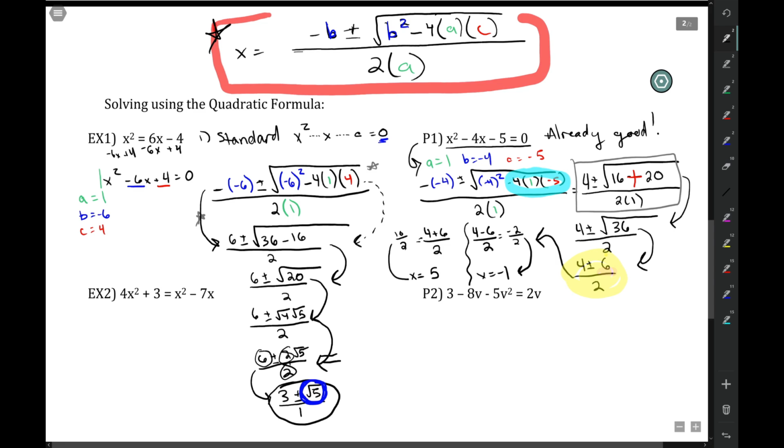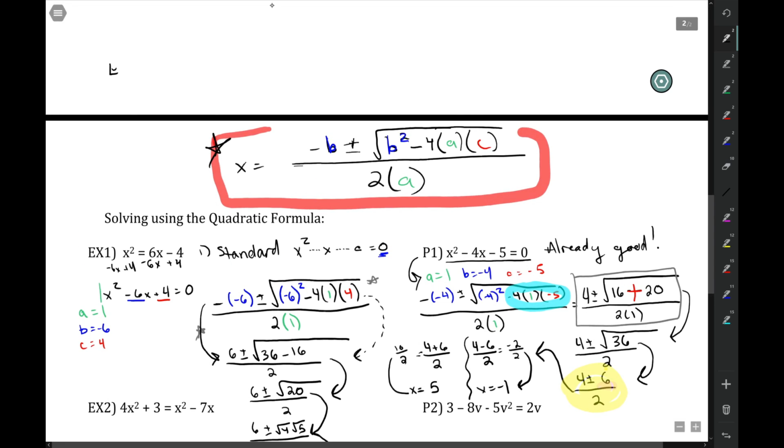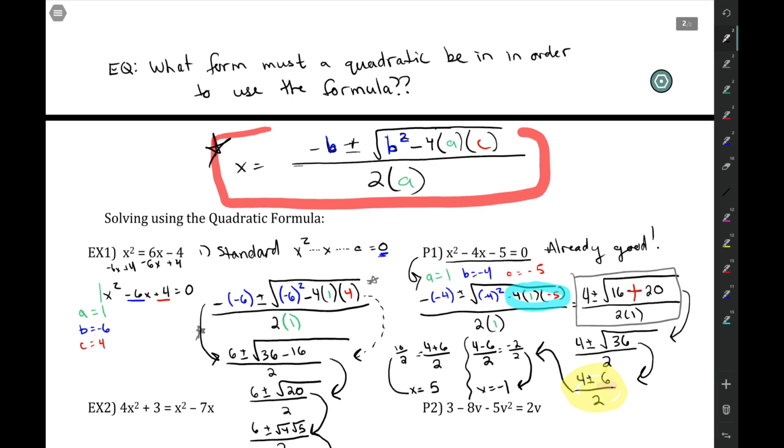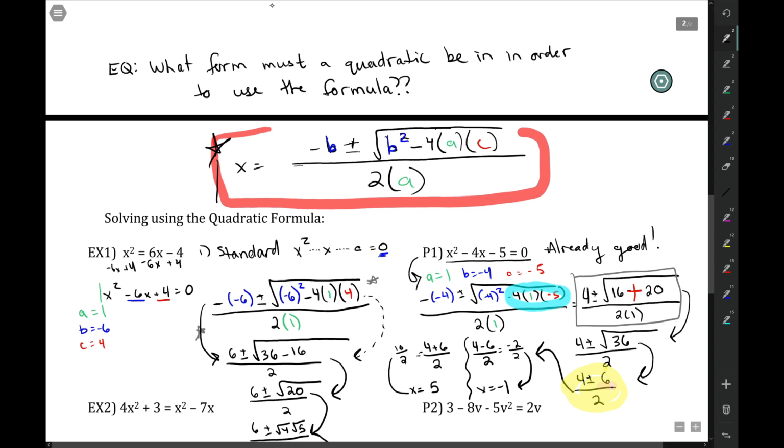The essential question, I'll write it here, is what form must a quadratic be in order to use the formula? Okay, so that will be part 1. I will go over some more examples here next, but be able to identify and set up the quadratic formula.